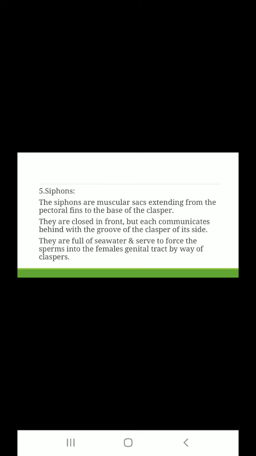The siphons are muscular sacs extending from the pectoral fin to the base of the clasper. They are closed in front, but each communicates behind with the groove of the clasper of its side. They are full of seawater and serve to force the sperm into the female's genital tract by way of the claspers.